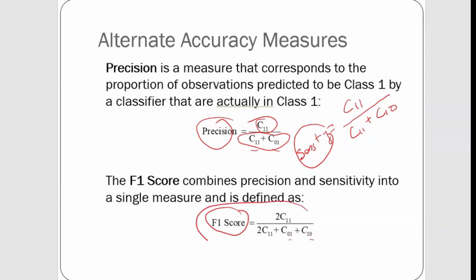So this F1 score is a summary measure which is a combination of precision and sensitivity and provides us a way to measure competing algorithms. So an algorithm which has a higher F1 score would be doing a better job at classification of the class 1 outcomes than another algorithm which may have a lower F1 score.